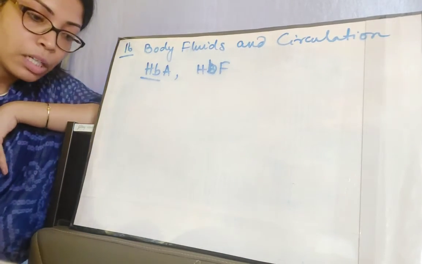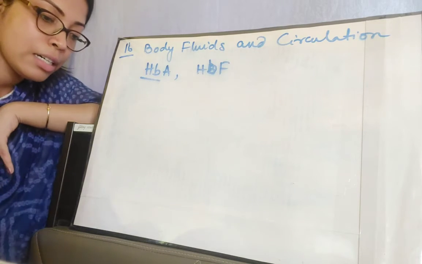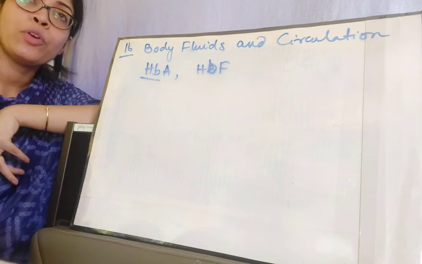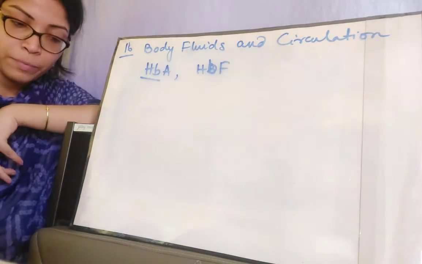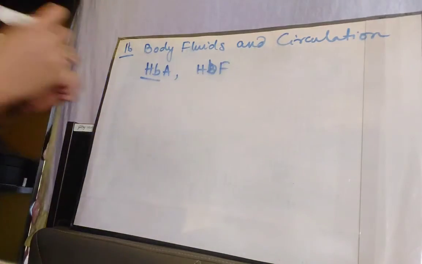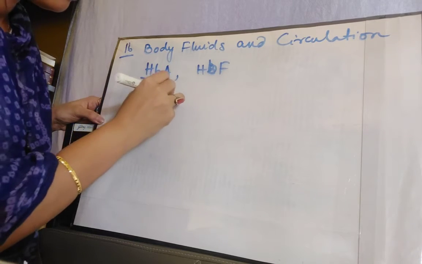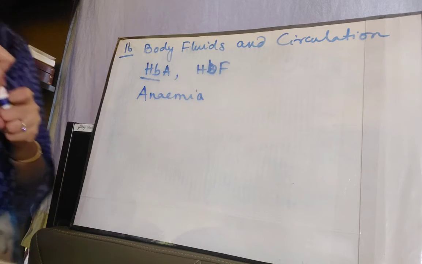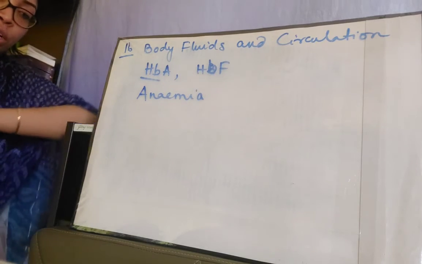Okay, now coming to certain diseases related to abnormal conditions of hemoglobin. The first disease that we are going to talk about is anemia. You all must have heard about this disease, anemia. It is very common. So what is anemia?